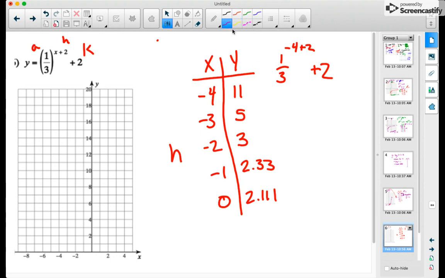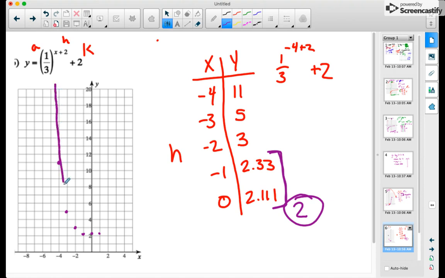Again, I noticed that my graph is all of a sudden getting really, really close to one particular number. So I started at 3, and all of a sudden I'm getting really, really close to 2. So my asymptote is going to be at 2. Hopefully you're looking up at your equation and noticing why it would be getting really close to 2. So then we're up at 3, 5, and 11.